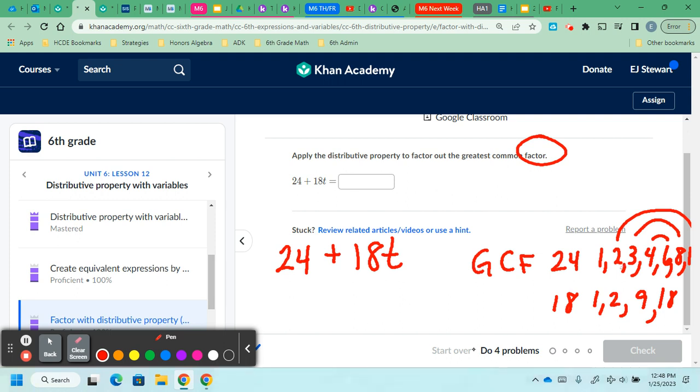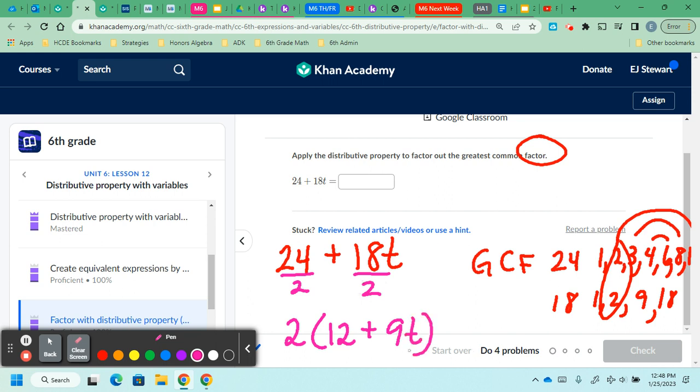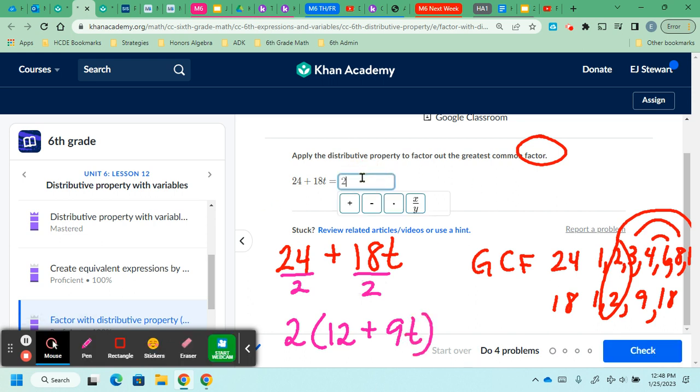My greatest common factor is 2. So it's like I can divide that 2 out of there. 24 divided by 2. So when I'm factoring out the 2, what's left is 12 plus, when I divide 18 times t by 2, I have this. So that is how you factor with a variable.